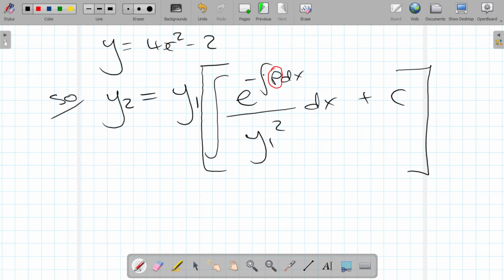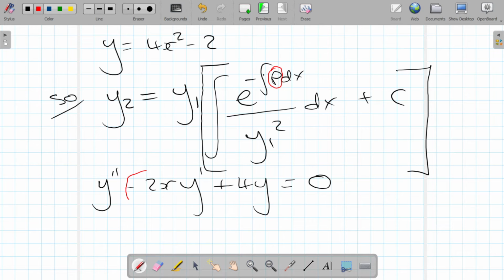So the equation is, we'll just write it down for reference, y double prime minus 2x y prime plus 4y equals 0. So we can see from this equation that, as before, that minus 2x is what p actually is. So p here in the exponent of the exponential is minus 2x.